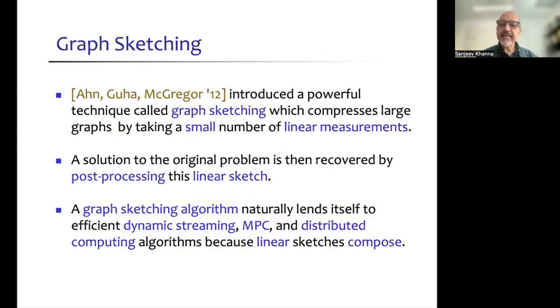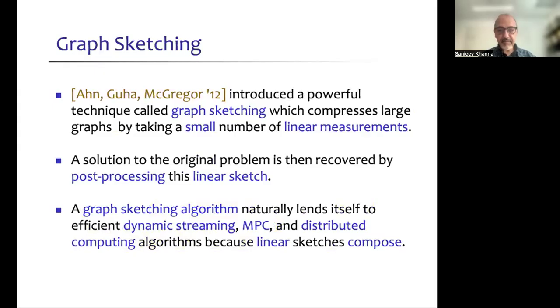There is a very natural approach that's a candidate for achieving this goal, namely graph sketching. This is a technique introduced by Ahn, Guha, and McGregor, and the main idea here is to create a compressed representation of an underlying input graph by taking a small number of linear measurements. These measurements are referred to as a linear sketch of the input graph.